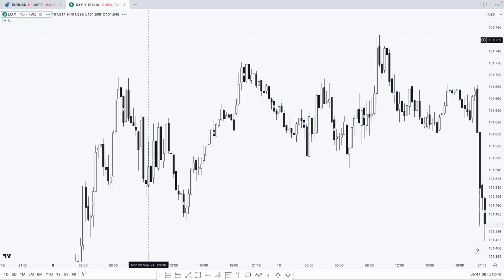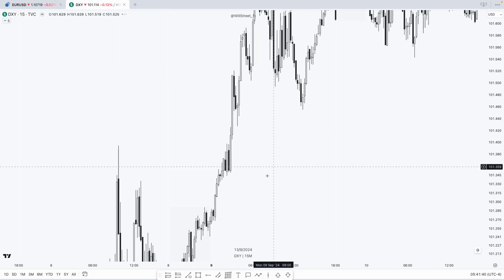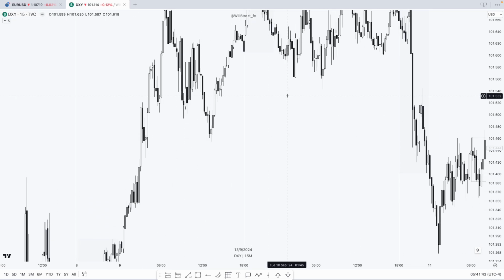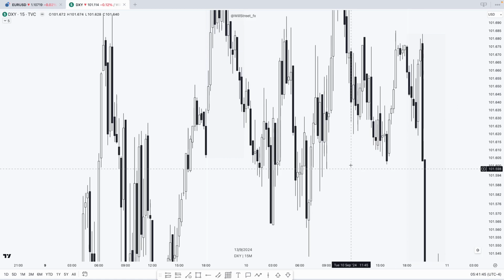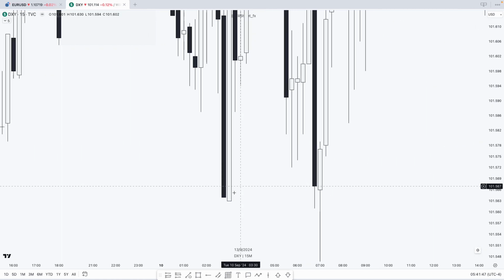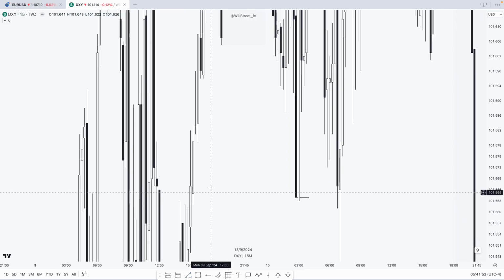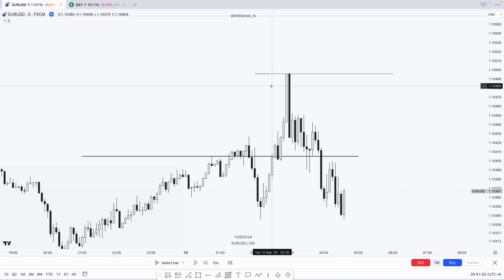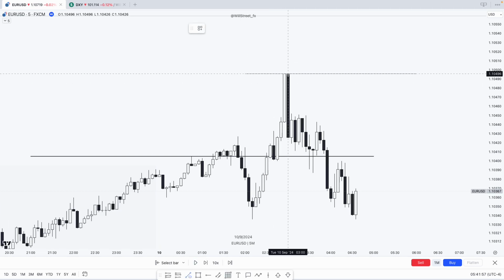Also, if you go to the other pair, where are you? Here. You see that the 3 AM candle creates also a lower low, so we have a double confluence. So to me, in my eyes, this looks like this.